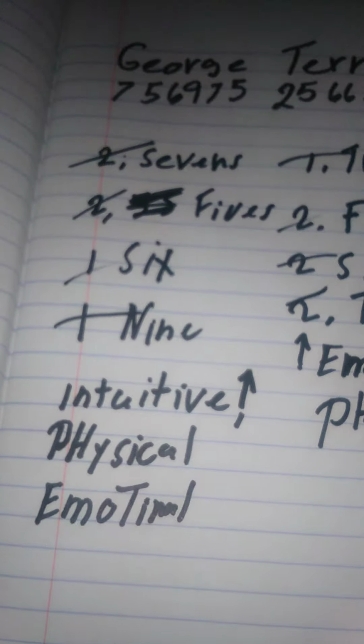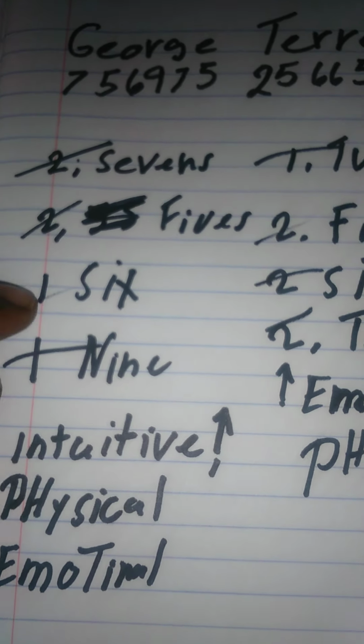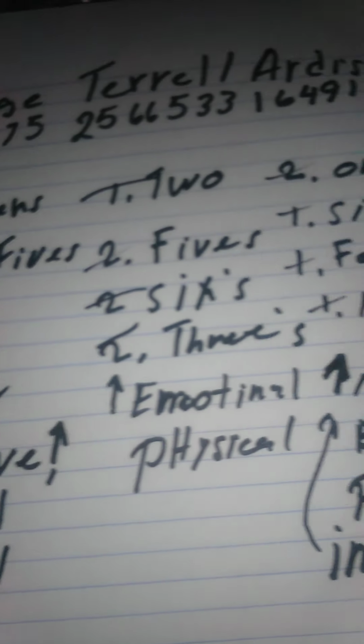Lay your name out in this manner to discover what plane level of life your name best expresses, as well as its natural place of power. So when I did mine, I had 2 7s, 2 5s, 1 6, 1 9.